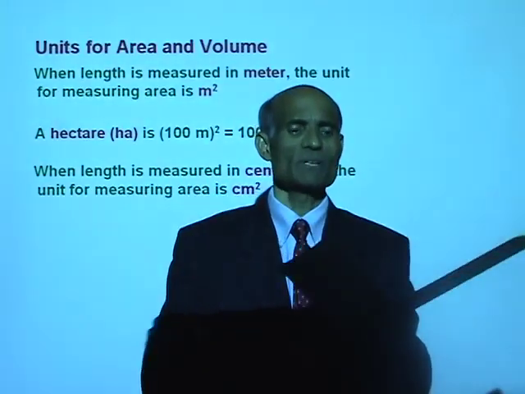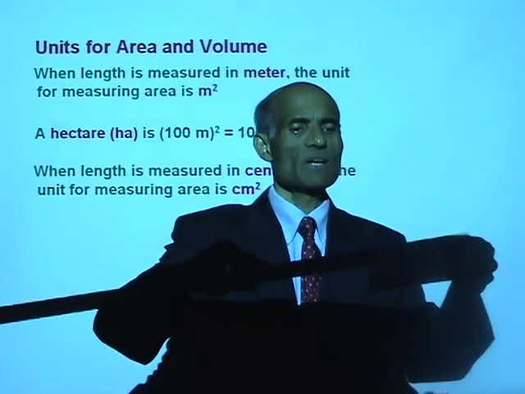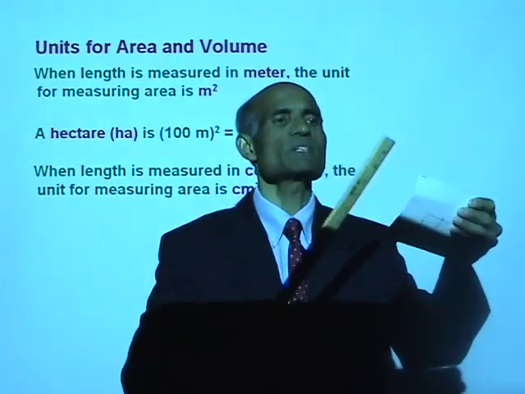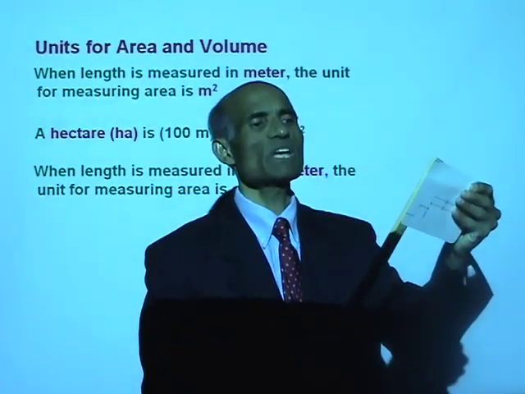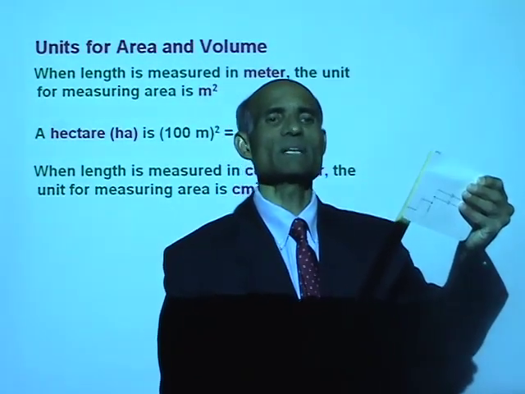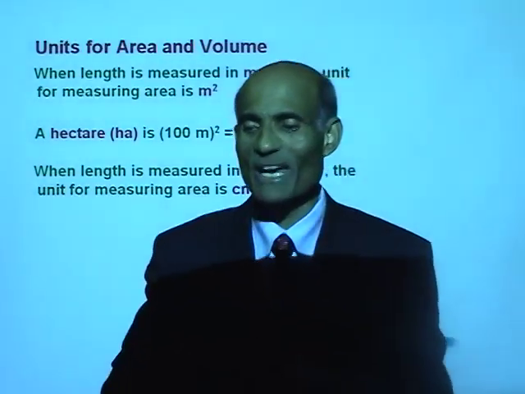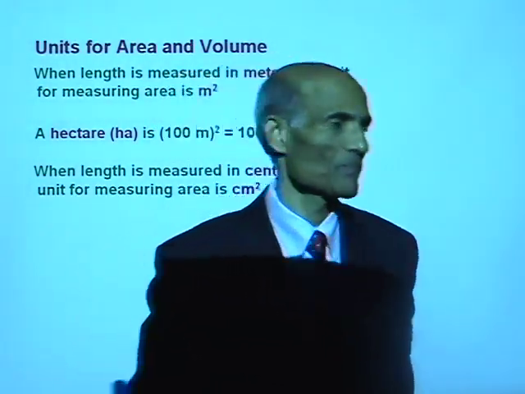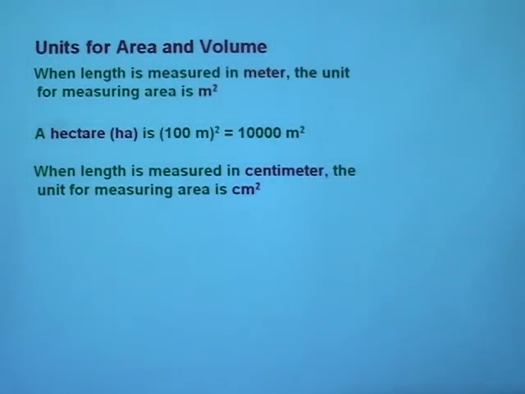Did you write it down? The length of the paper is 16 centimeter. Its width is 11 centimeter. What is the area of this paper? Well, the length is 16 centimeter, so the area will be 16 centimeter multiplied by 11 centimeter.